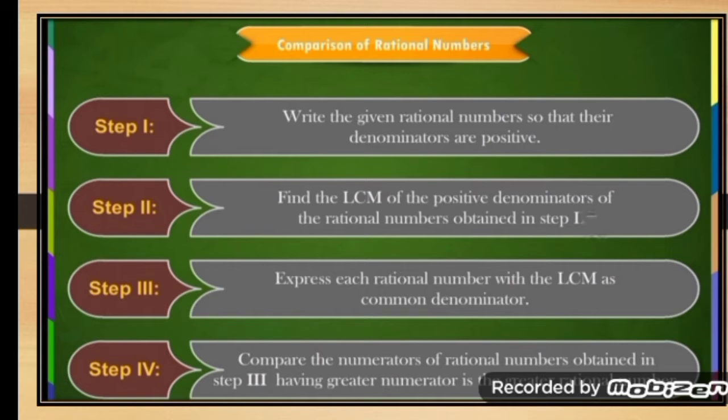This means that we will make both denominators the same, equal to their LCM. And then after making the denominators same, we will compare the numerators of rational numbers obtained in step 3. Having greater numerator is the greater rational number.